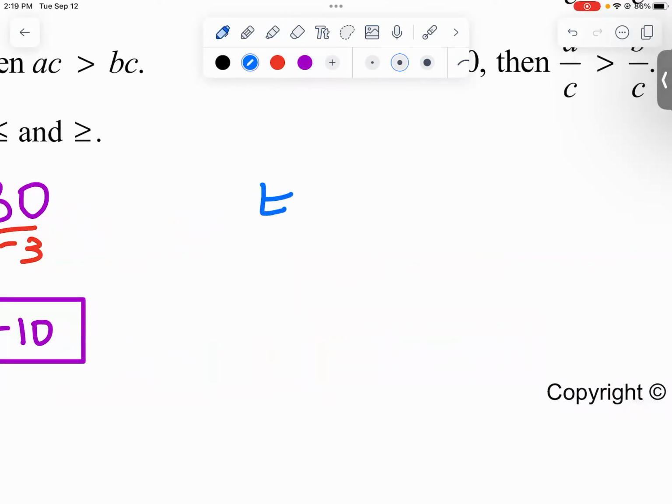Okay, how about this one? If I have a divided by -5 is less than 3, write that one down. Okay, if I want a by itself, what are we gonna need to do?